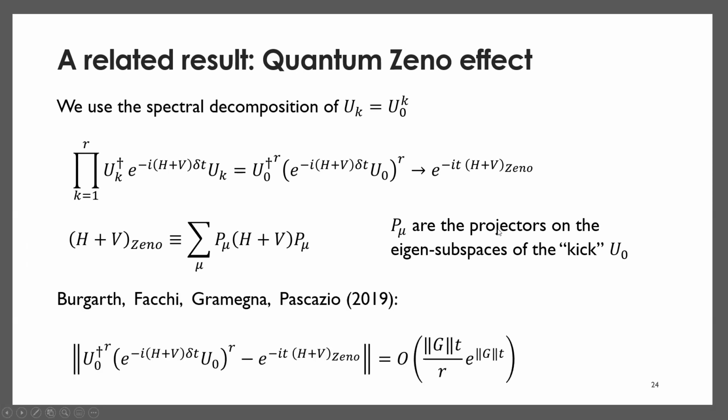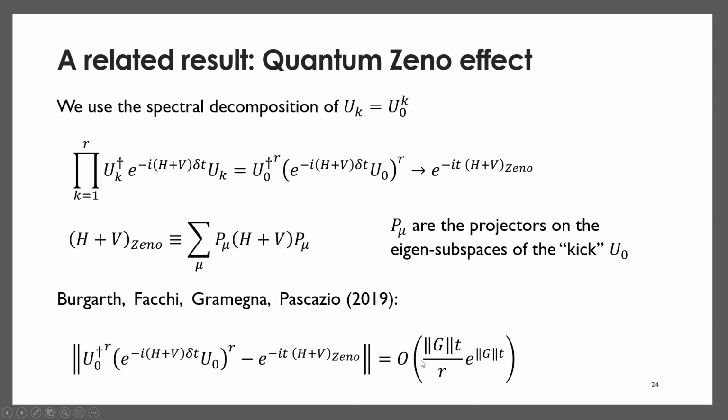There's a bound for the difference for the approximation in this arrow here. For example, the bound by Burgarth and others in 2019 gives a bound on this symmetry protected simulation and the evolution under the Zeno Hamiltonian. And remember, the Zeno Hamiltonian is the projected version of the Hamiltonian onto this symmetry subspace.